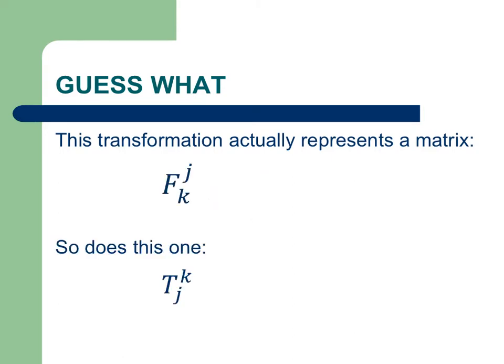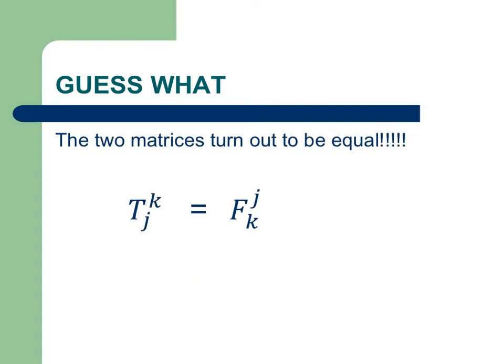And even better, the homogeneous transformation from J to K also represents a 4x4 matrix. And super exciting, these two matrices are equal. So if we can figure out the frame transformation from K to J, that will automatically give us the homogeneous transformation from J to K.